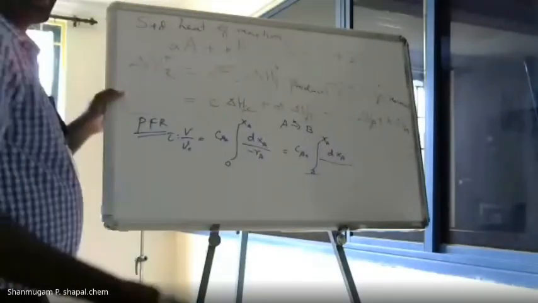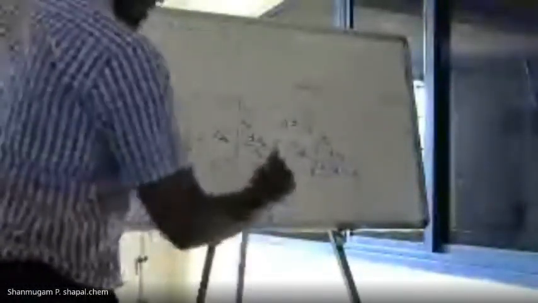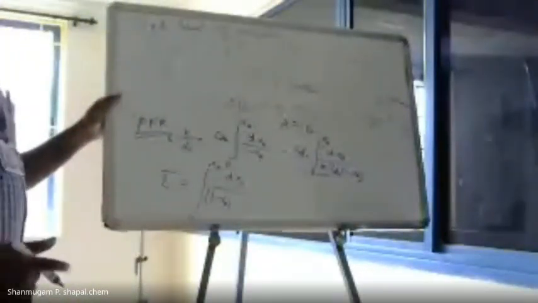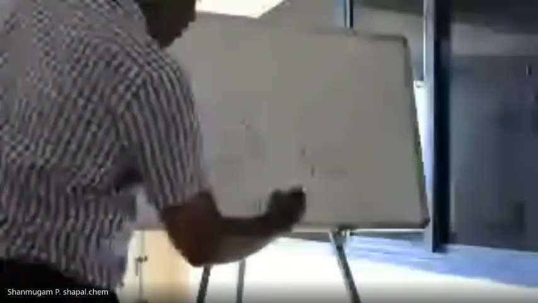k C A naught into 1 minus XA, so tau equals the integral of dXA over k(1 minus XA). Now you see the k is a very important term here, which can be written in terms of the exponential of minus E over RT.